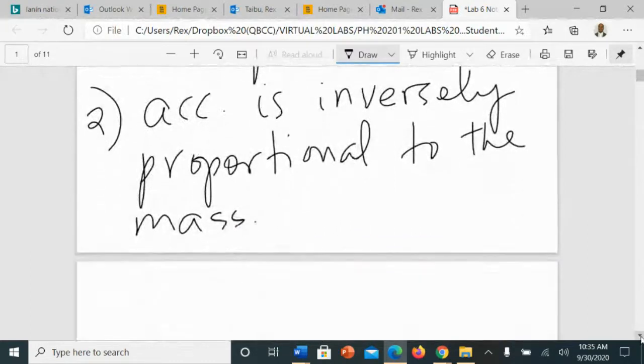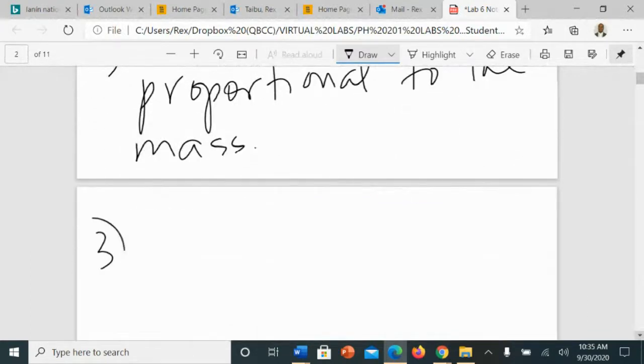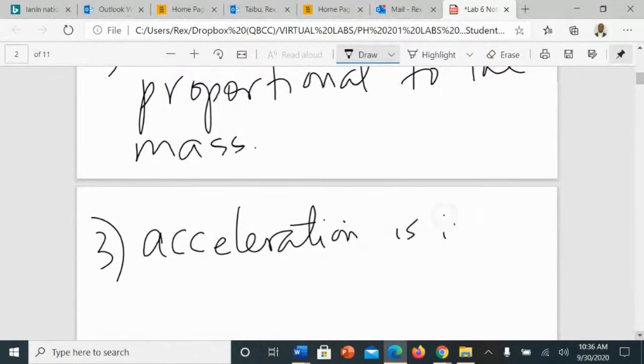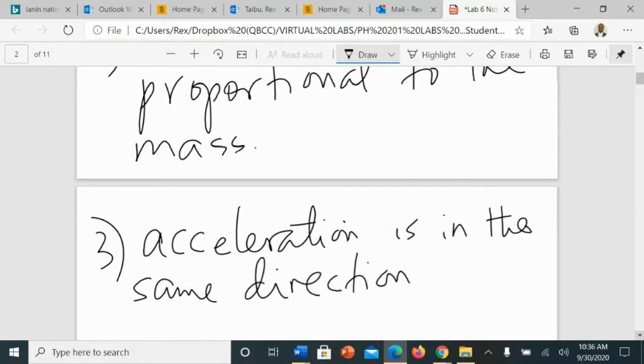Number three, we can say that acceleration is in the same direction as the net force.